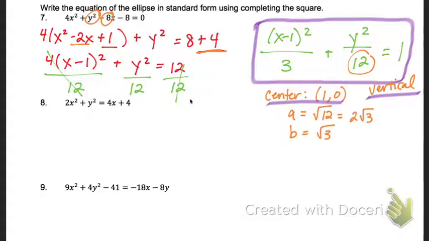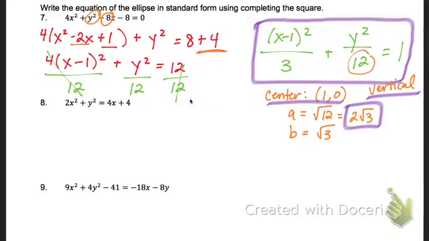That means that my a value is going to be the square root of 12, and my b value is going to be the square root of 3, which wouldn't be a fun one to graph, but it still would be the answer. I wouldn't make you graph one of these, but I could make you tell me what the center, A and B value are, and if it were vertical or horizontal. And then I just simplified this to be 2 square root of 3, because we always want to keep things simplified.